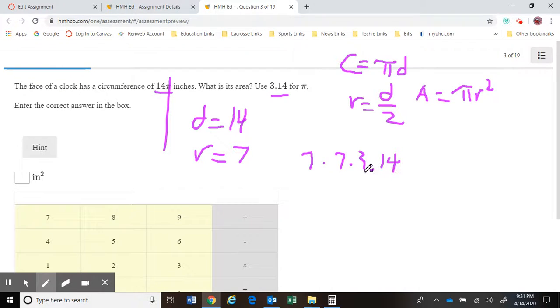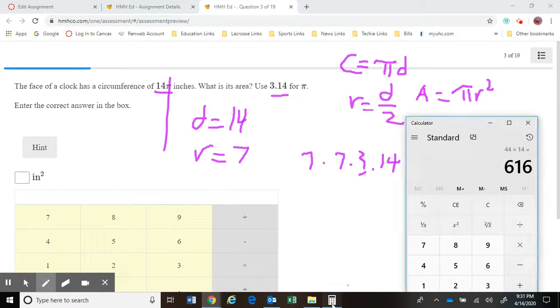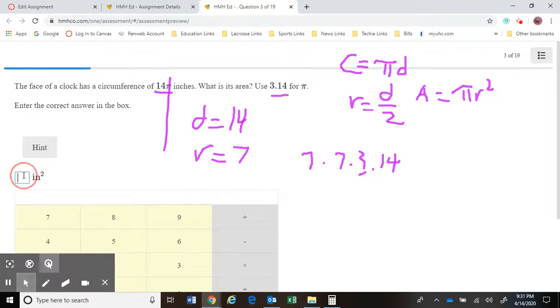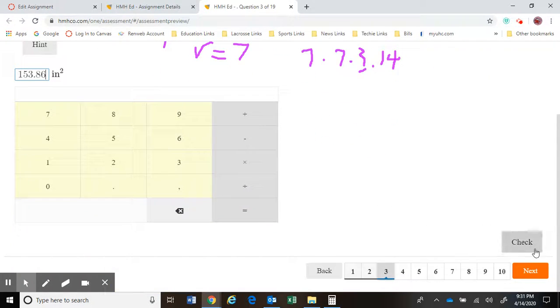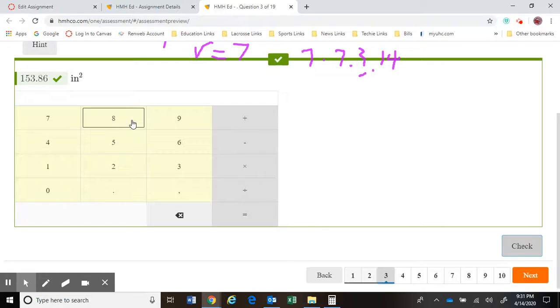I'm going to get to the point where I'm not going to write this out every time for you, but you should still write it out. So 7 times 7, or 49, times 3.14. And what do I get? 153.86. And of course, that's square inches. All right, we'll check it and work it.